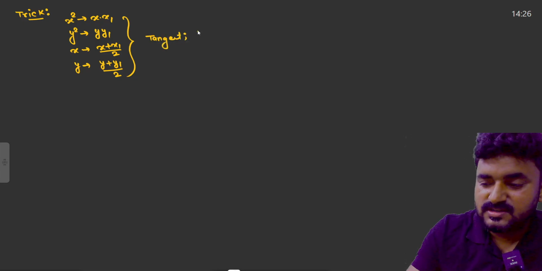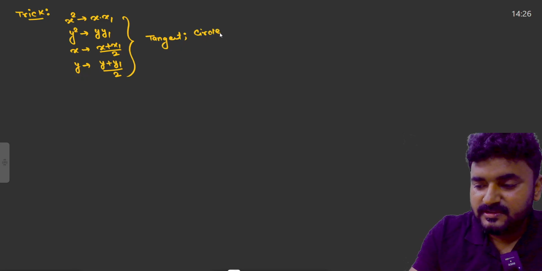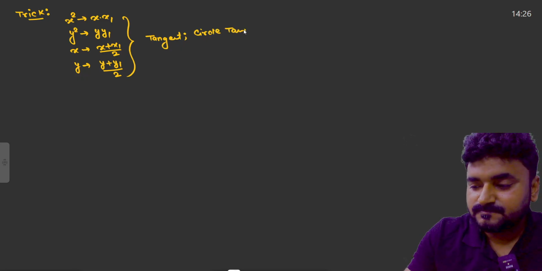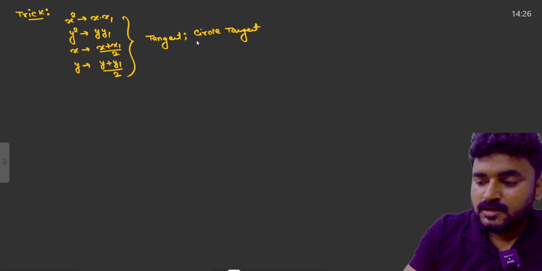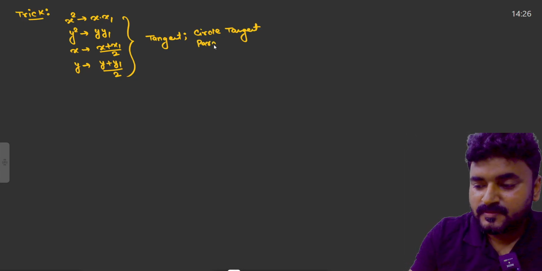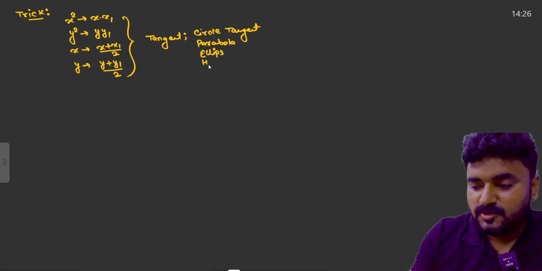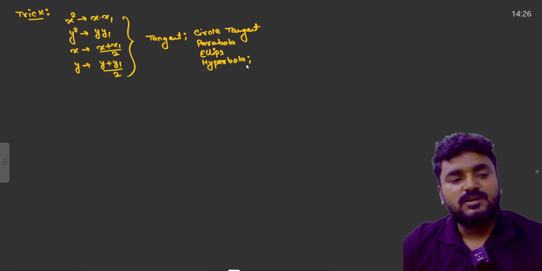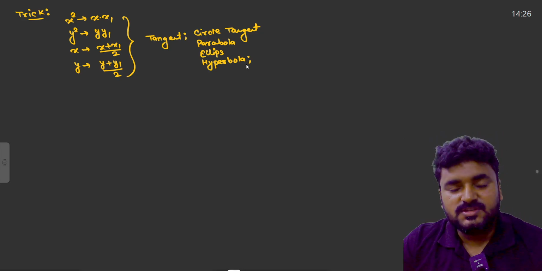So this is a very important trick to write any tangent. You can write it for the circle, tangent, parabola also, ellipse also and the hyperbola also. So student, this is the very important trick. We can see this one, this is important.